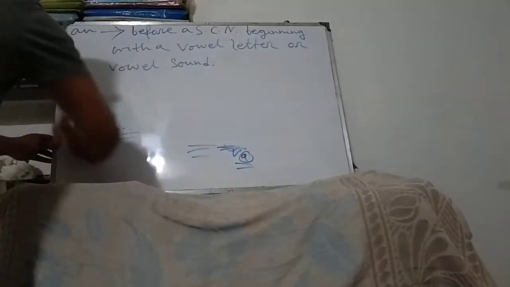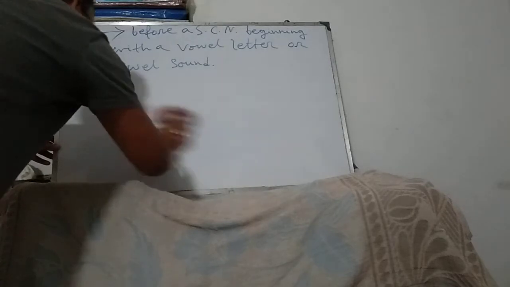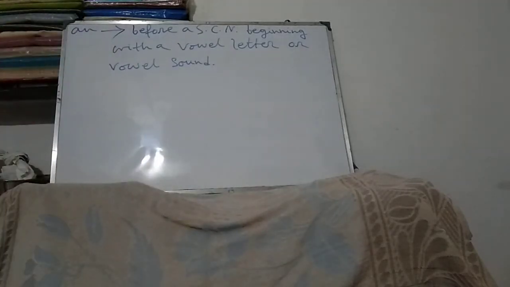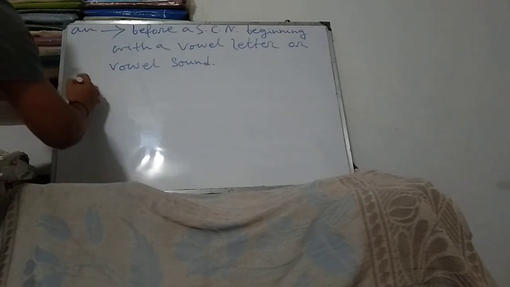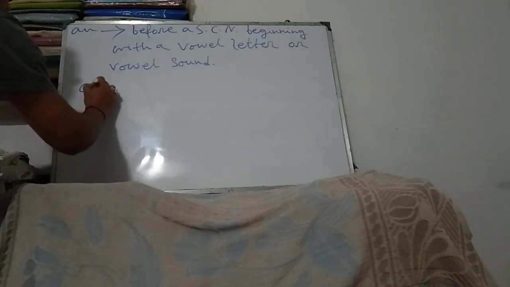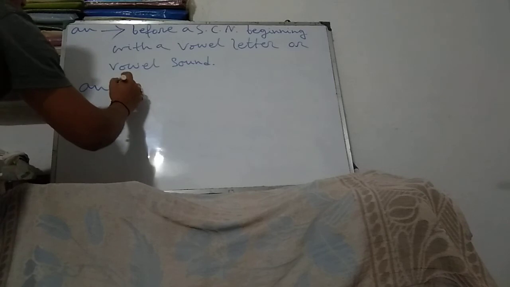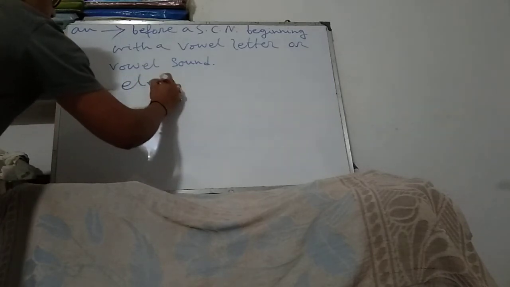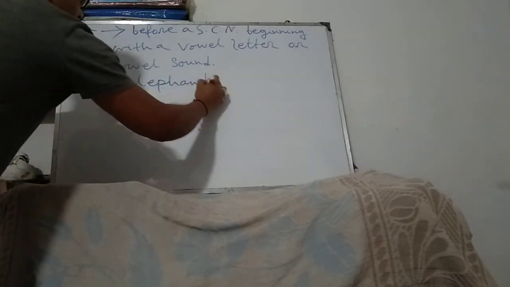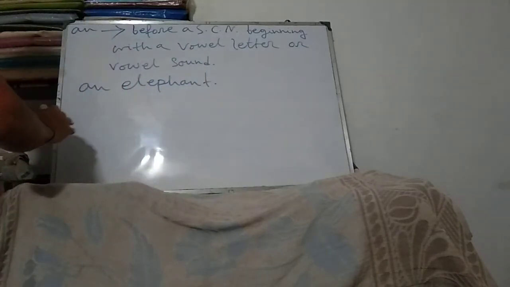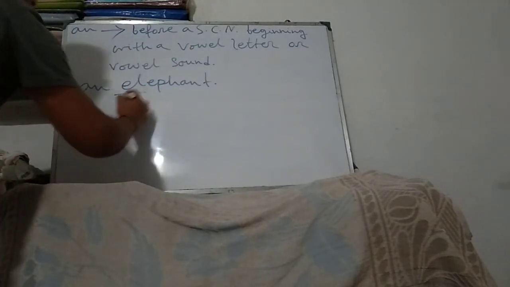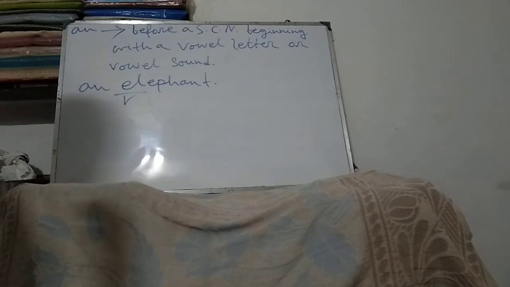Giving examples. For example, an elephant. An elephant. Here E is a vowel letter and also a vowel sound.